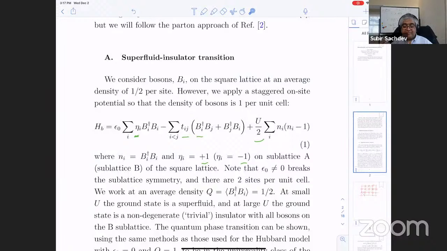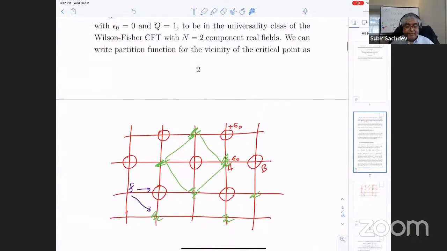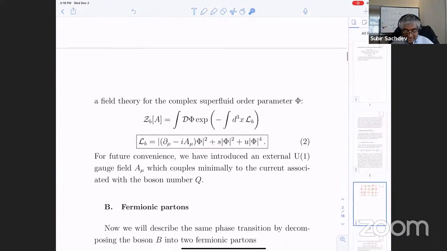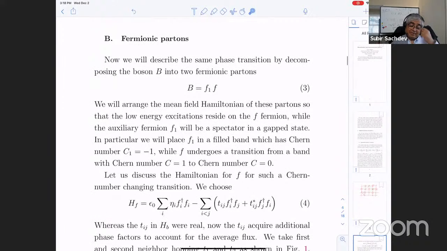Otherwise, how are you going to get a Chern number? So we just assume that the relevant mean field does break time reversal. So this is already dangerous. You have a system which has perfect time reversal symmetry, and you're trying to describe it by a mean field theory which breaks time reversal. Okay, that's worrying.